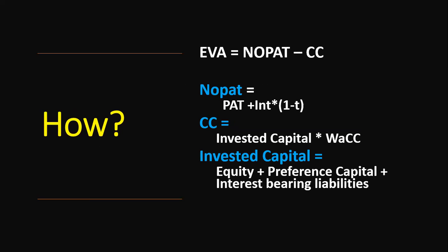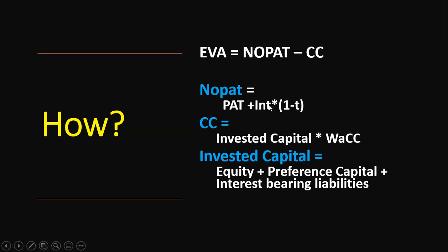So economic value added is expected to address the accounting anomaly and financing anomaly. But for the time being, in this presentation, our focus will be only on addressing the financing anomaly. So EVA is equal to NOPAT minus CC, capital charge. NOPAT is an adjusted profit, adjusted for financing anomaly and for accounting anomaly.